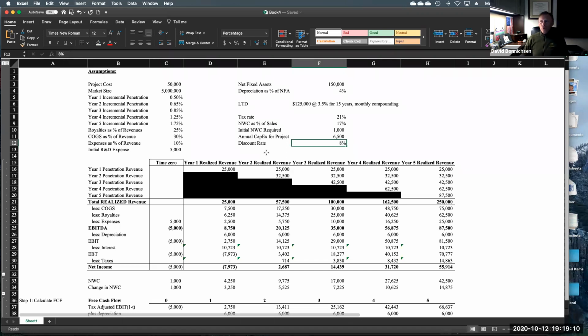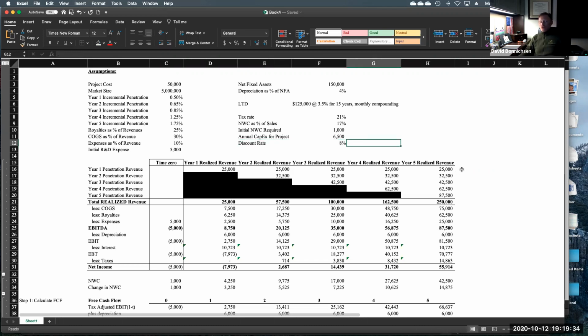Okay? So this is how we adjust for the risk within certain projects. And when we get to the Heritage Doll case, we'll see how their board of directors and their management team and their treasury department has assigned different discount rates for varying levels of risk, okay?